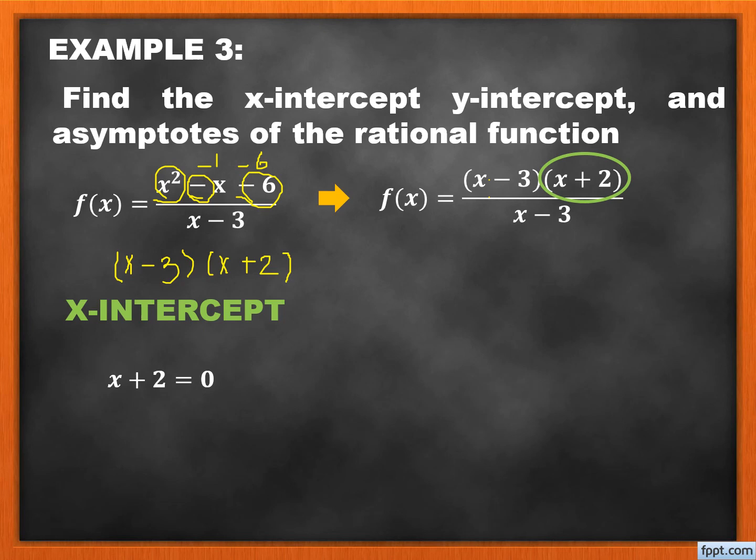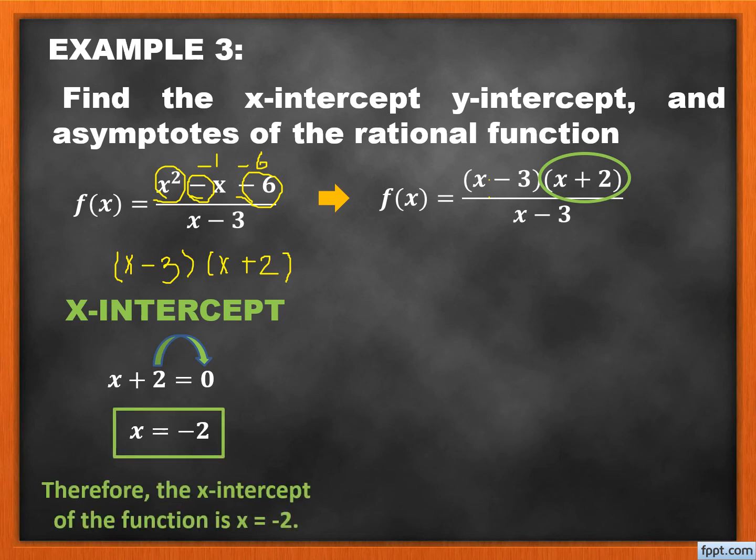Since walang kamukha yung x plus 2 sa denominator, we're going to equate it to 0. So, you have x plus 2 equals 0. Transpose positive 2. We're going to have x equals negative 2. Therefore, the x-intercept of our function is x equals negative 2.